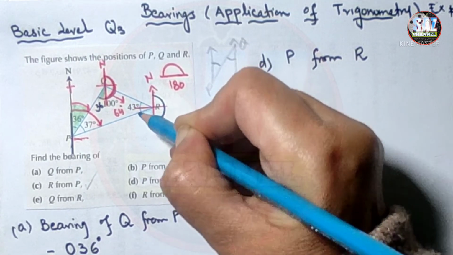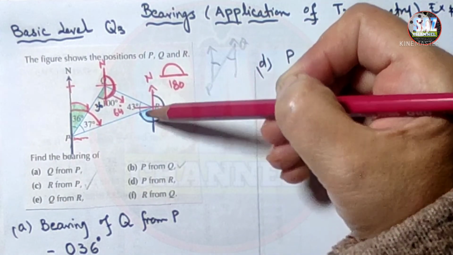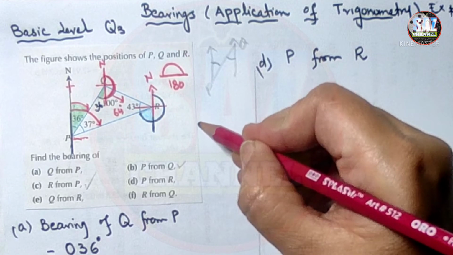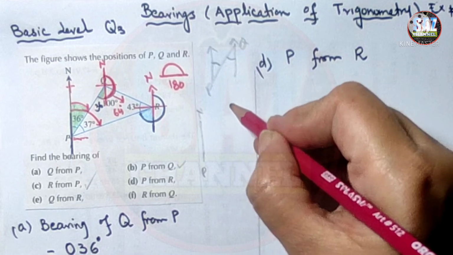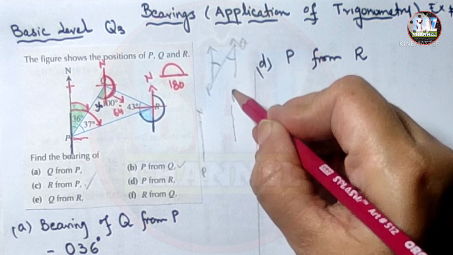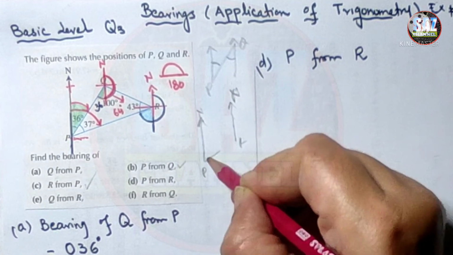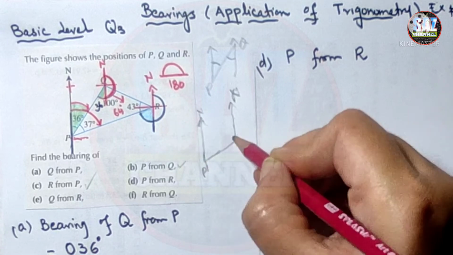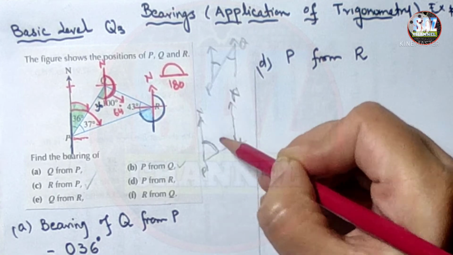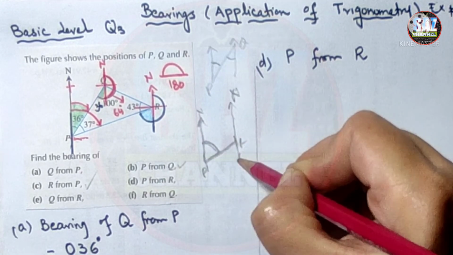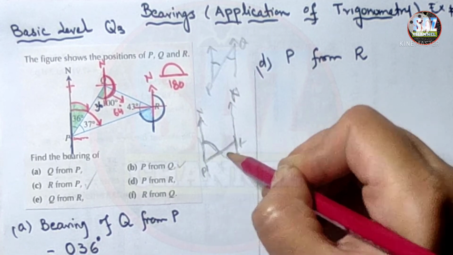That is important. Now look, students, north at this point and north at this point are parallel to each other. This is N and this is P, and this is north at R. Now look, let me extend these lines. The total angle was 73 degrees. If this is 73 degrees, due to alternate angles this will also be 73 degrees.